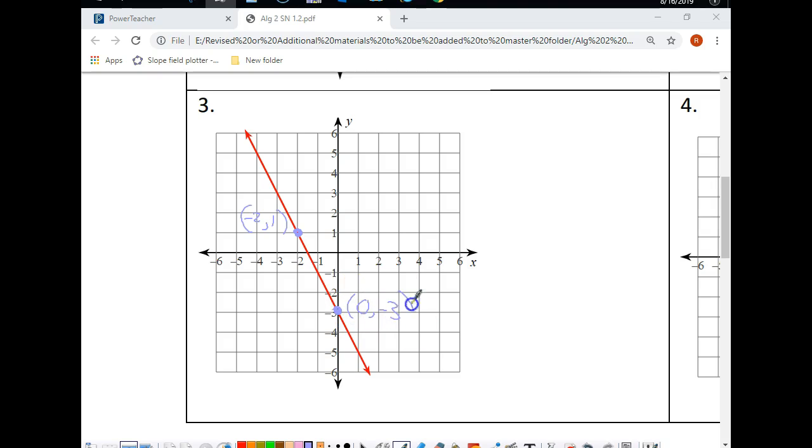Thank you. 0, -3. All right. Now we're going to label them x1, y1, x2, y2. Alicia, is this an x or a y right here? Yeah, so it's going to be x, y, same thing on your x, y. Let's call these the 1s, and we'll call these the 2s.